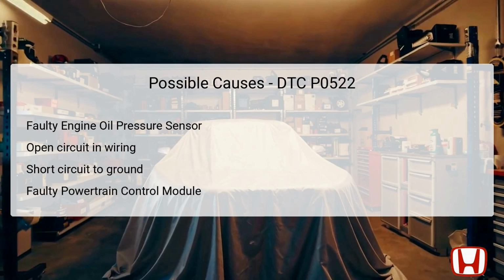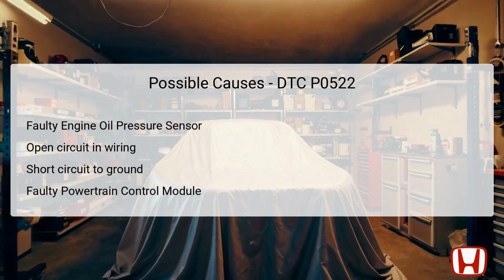There are several possible causes for DTC P0522. A faulty engine oil pressure sensor could be at the forefront, which means the sensor itself may not be functioning correctly. Another possibility is an open circuit within the wiring that connects the sensor to the PCM. This can prevent the proper flow of voltage.